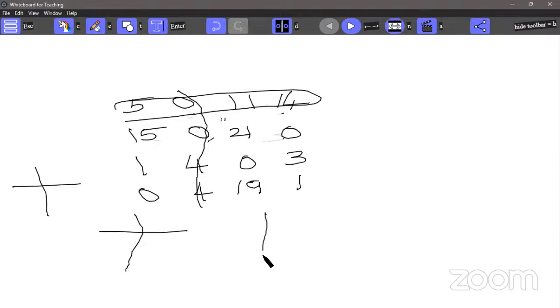If it is in the column, then we draw a horizontal line. Is that clear now? To cover the zero, I have to draw a vertical line.